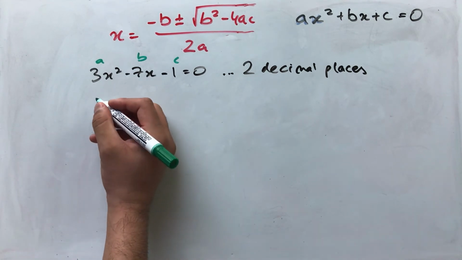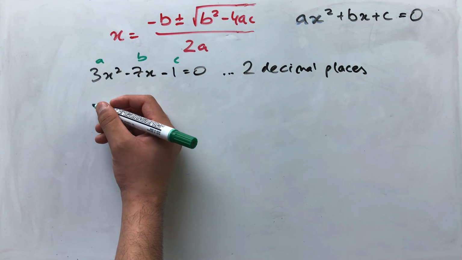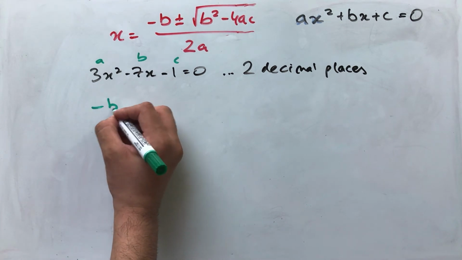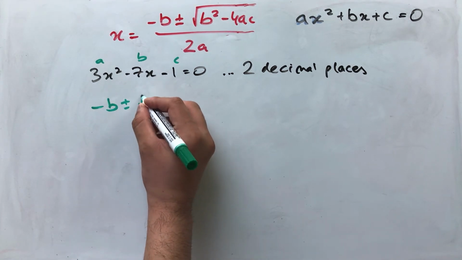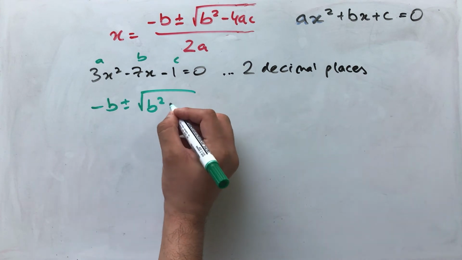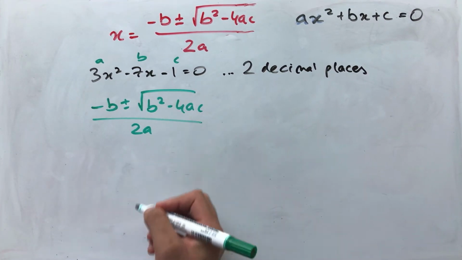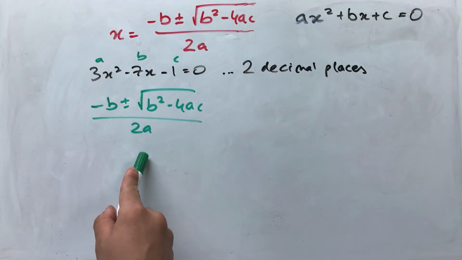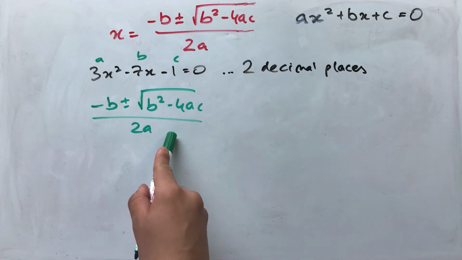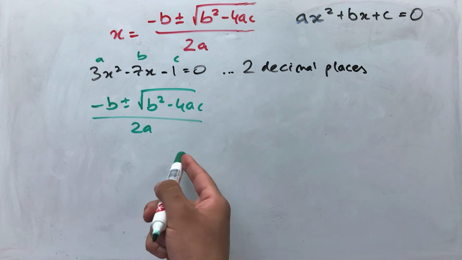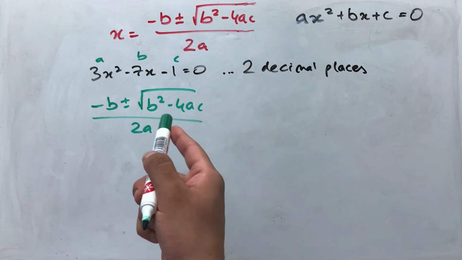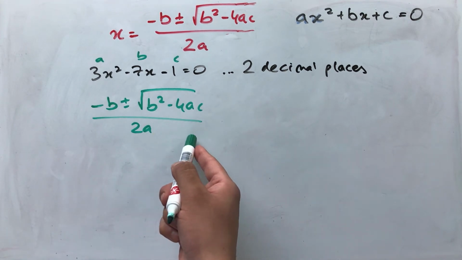Now, good exam habit and exam practice is to rewrite the formula. Why do you want to do this? First of all, you make sure that you don't make any mistakes substituting in your head. Secondly, there's quite often a mark saved just for stating the formula. And this is especially valid in GCSE exams, if you state the formula, you will get a mark for it.